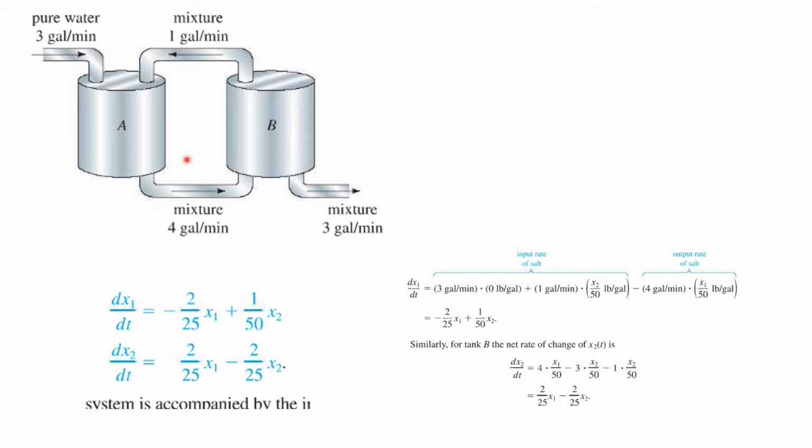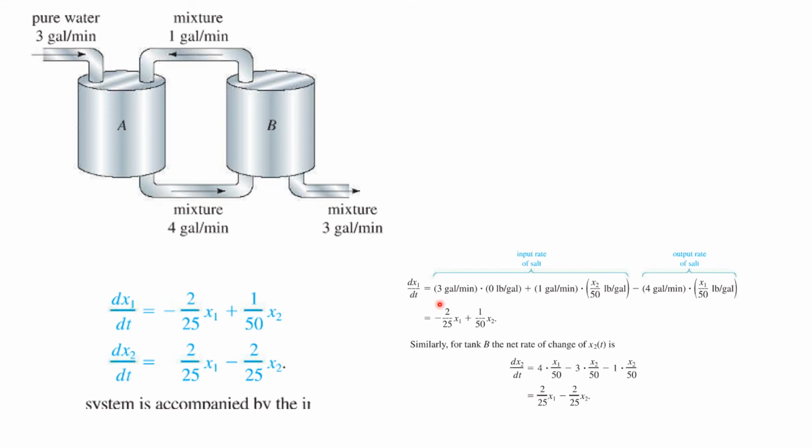And so the equation is going to say that dx1/dt is going to equal 3 gallons a minute coming in, times 0 pounds per gallon, plus this is also coming back from B, and so that is 1 gallon per minute, but it's coming back from B where it is mixed into x2 over 50, that is pounds per gallon, so that is coming back into this first tank, but then we're leaving the first tank at 4 gallons per minute, and this is the mixed x1 over 50.